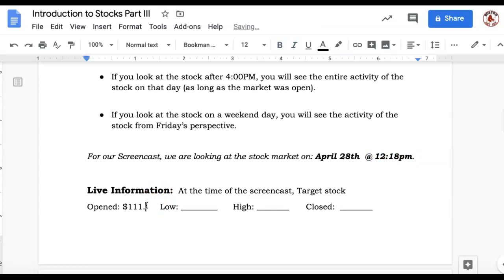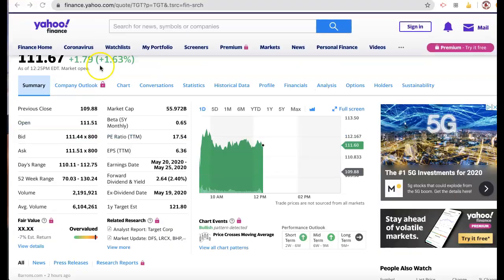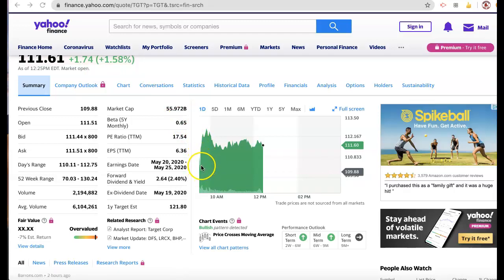The lowest it got throughout the day was right there. It's hard to see because it took a little nosedive right there, and then it went back up, but that's the lowest.